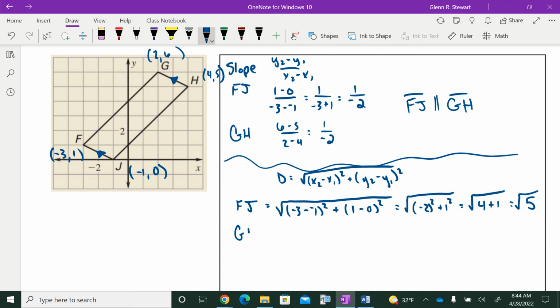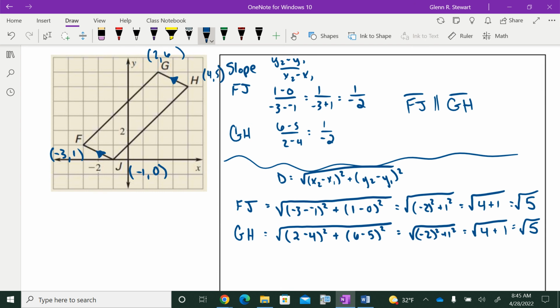I'd also want to find GH. So GH, I've got 2 minus 4 squared plus 6 minus 5 squared, square root of negative 2 squared plus 1 squared. Hopefully, if you're just looking at these up and down, you notice that these are going to be the same. Square root of 5.